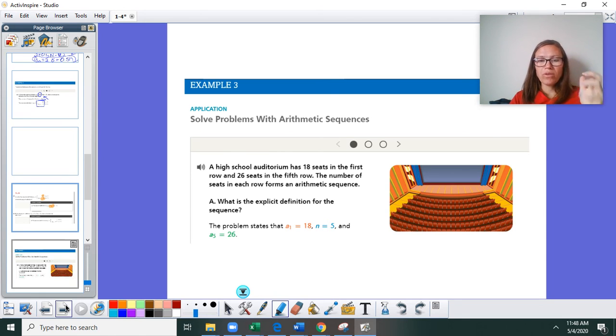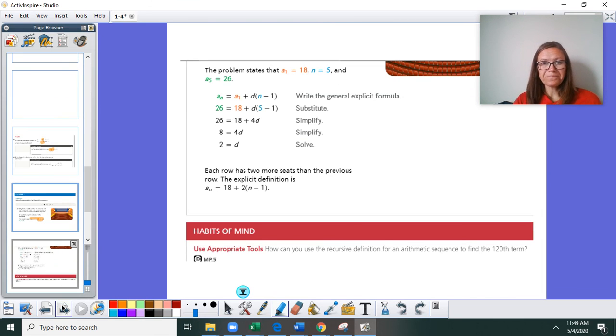When you think about it, this is a movie theater, and so the high school auditorium has 18 seats in the first row, but 26 in the fifth. And so how can you use this information to help you find the explicit definition for the sequence? So we know our starting value, we know our number, and so we can plug those things in.